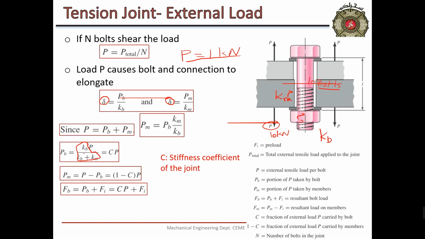If this value is, let's say C is equal to 0.2, it means that out of this external load of 1 kilonewton, only 20%, which is equal to 200 Newton, will be PB, and the remaining 800 Newton will be PM.